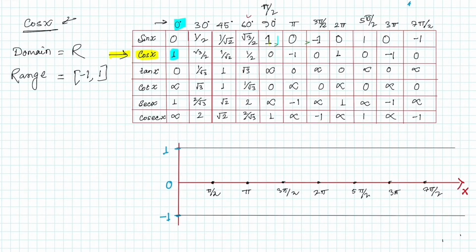Then again we are getting 1 here at 2 pi, so the interval is clearly 2 pi. If you observe the values of cos x at all the points, those values are lying between minus 1 and plus 1.